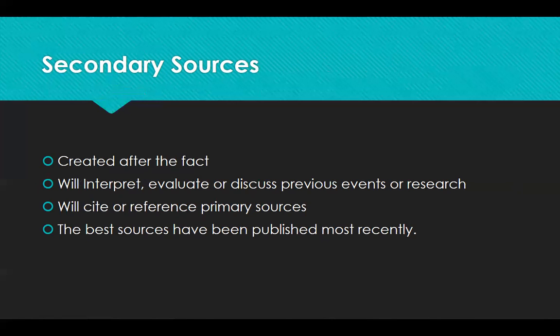Again, it's contextual. The main thing to remember is that secondary sources will generally refer to other sources. So it's going to refer to those primary sources. That's not to say that primary sources don't cite other things, but it does produce new information, okay?